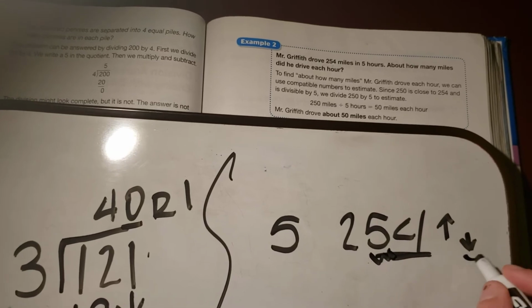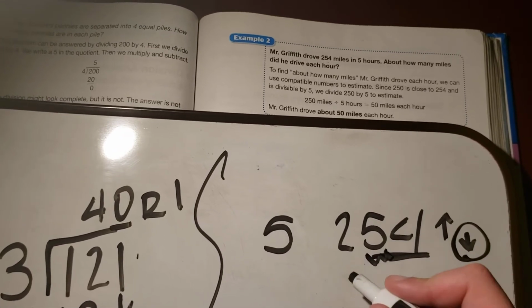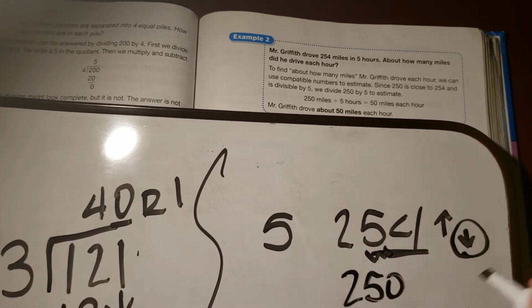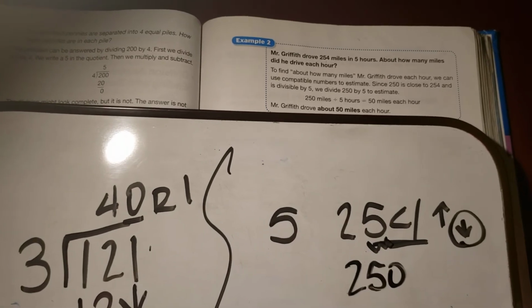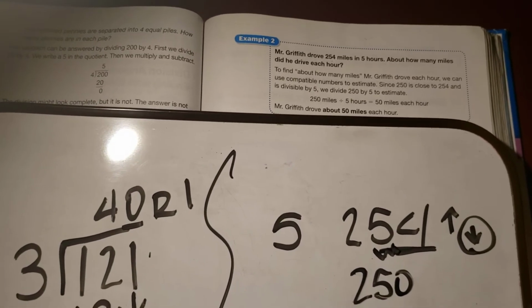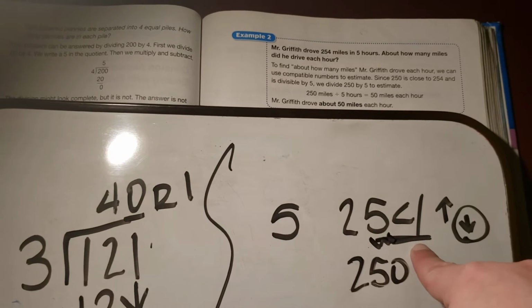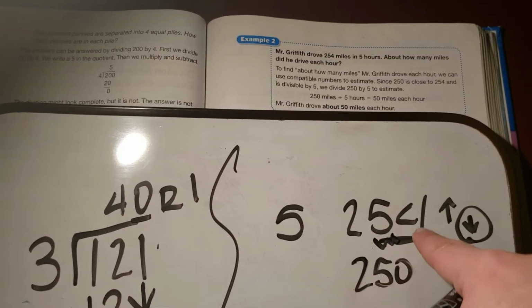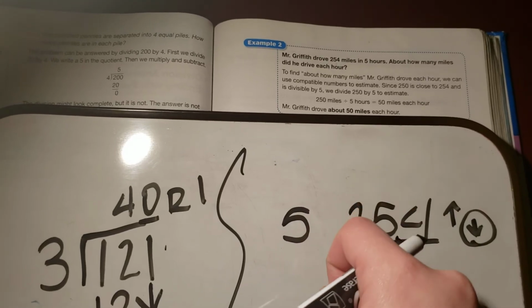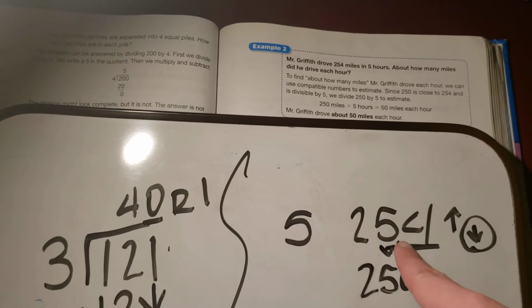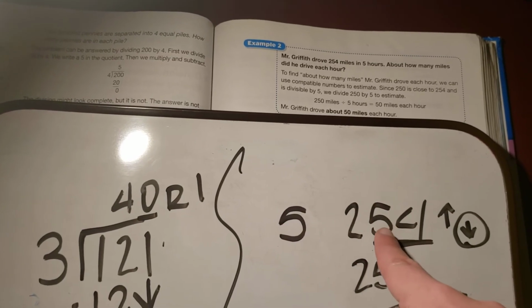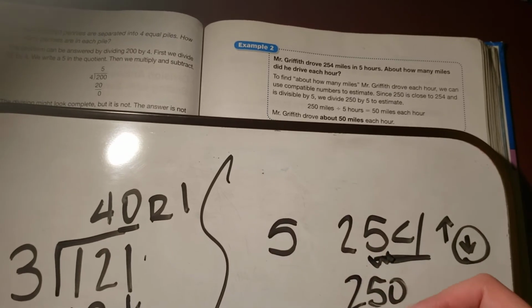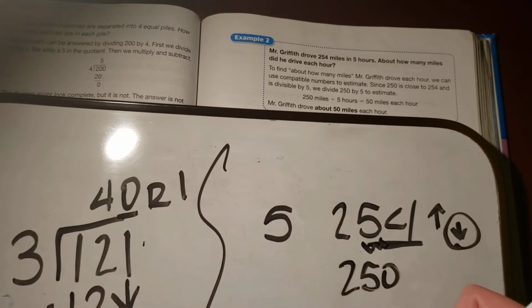It is closer to 0, so it's going to go down to 250. If we're estimating like this, we want to be more specific. So we don't want to round to the nearest 100 because that's too big of a difference. So we've got 250, rounded to the nearest 10.